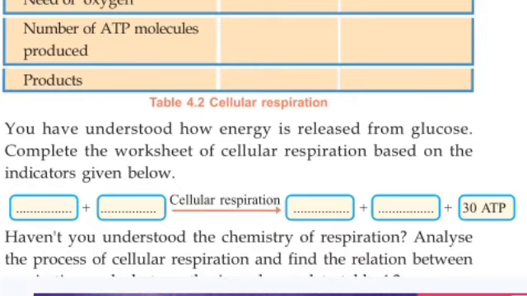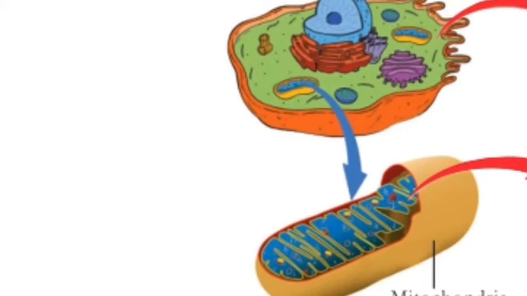Here is the flow chart showing cellular respiration. Cellular respiration takes place by two processes: glycolysis and the Krebs cycle, with the products water, carbon dioxide and 30 ATP.